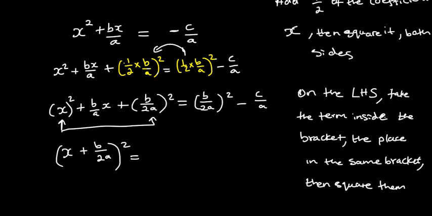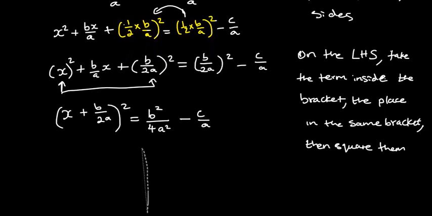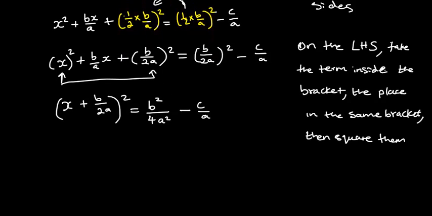So b over 2a, all of that squared, is going to result in b squared all over 4a squared minus c over a. Now you're going to take the square root of both sides.